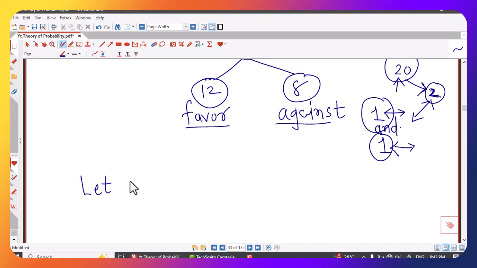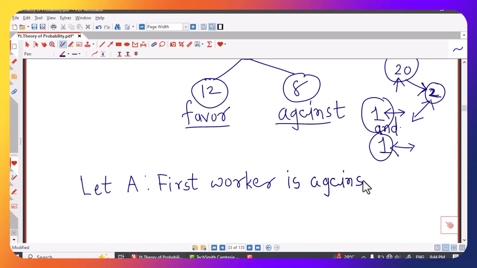We first consider event A as the first selected worker is against the new safety regulations.